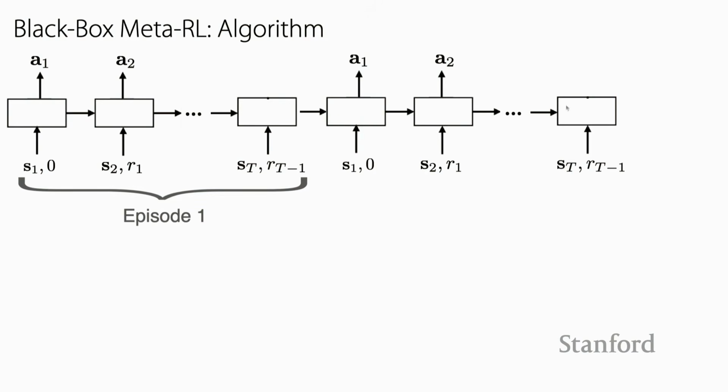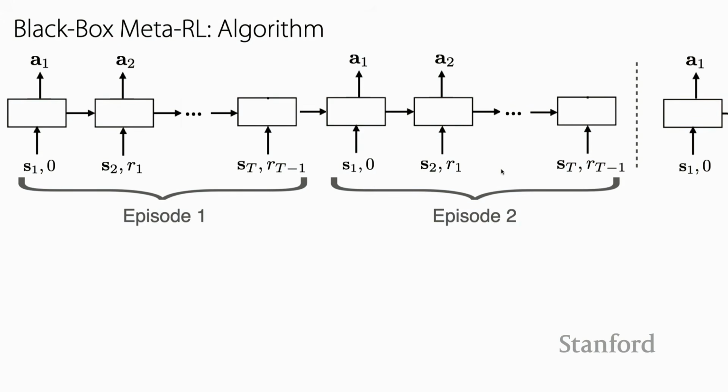So what that looks like is you have this neural network. It has multiple episodes, and you'll be rolling it out for multiple episodes, taking actions, and then you'll start collecting for a new MDP. So you'll cut your memory when you start to collect for the new MDP that you've sampled.